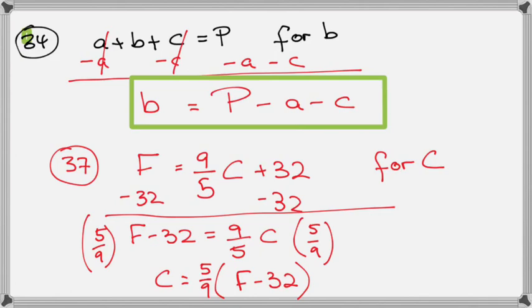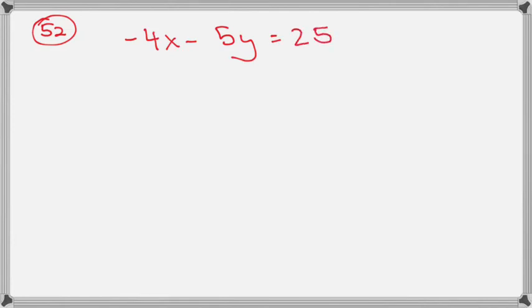How about something we need for the next chapter when we talk about linear equations, slope-intercept form, y equals mx plus b, and graphing straight lines. Maybe you've heard of that. So if I look at number 52, negative 4x minus 5y equals 25.